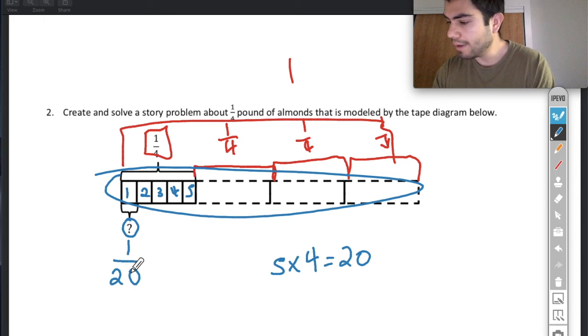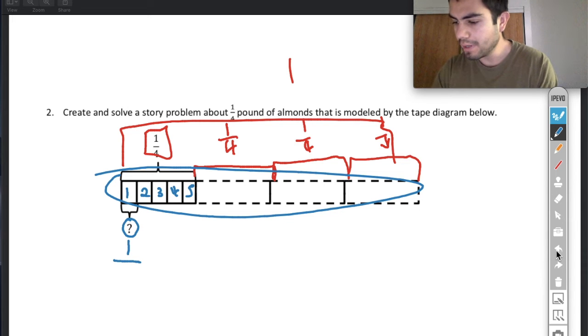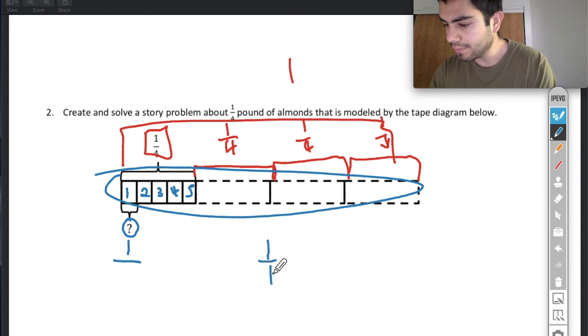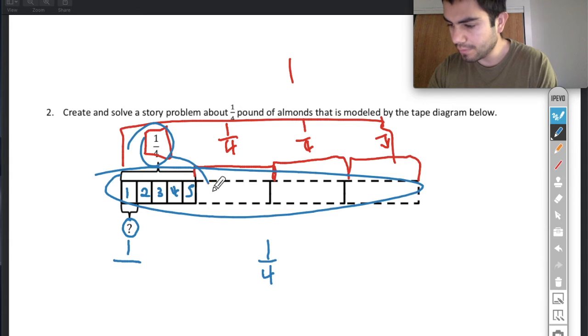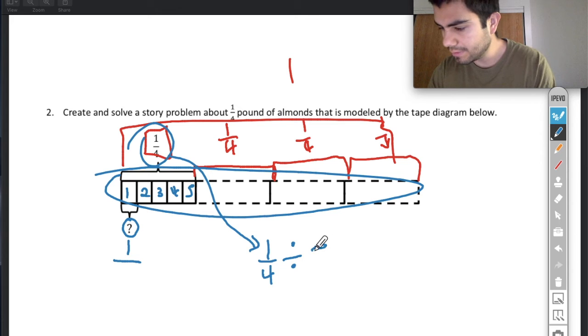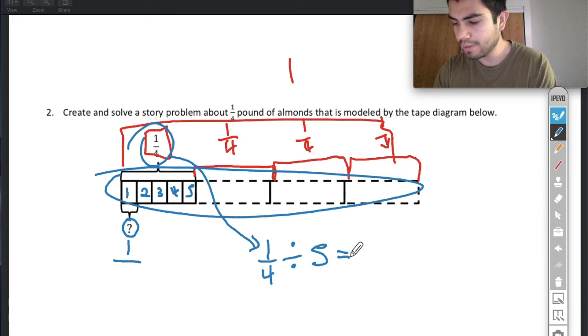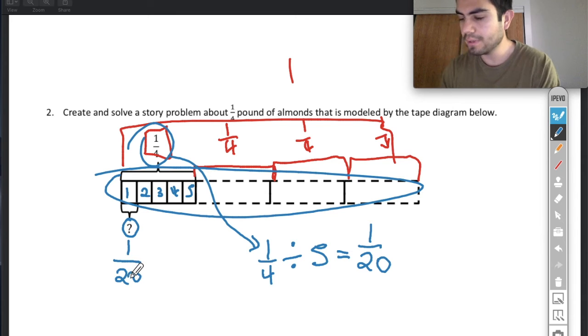So now let me back up here. What we have here is 1/4. Here's the 1/4. And it's being divided into these 5 pieces, which when you divide will give you 1 out of 20, like we saw here.